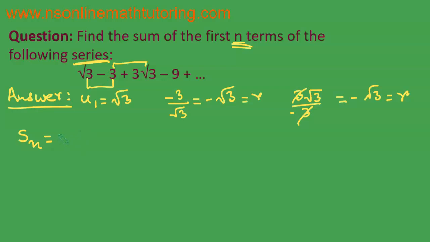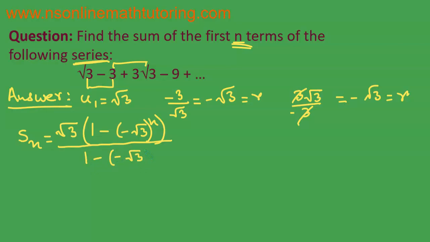So it is root 3, U1 is equal to root 3, and 1 minus negative root 3 to the power of N over 1 minus r. So 1 minus negative root 3. This will be the value.